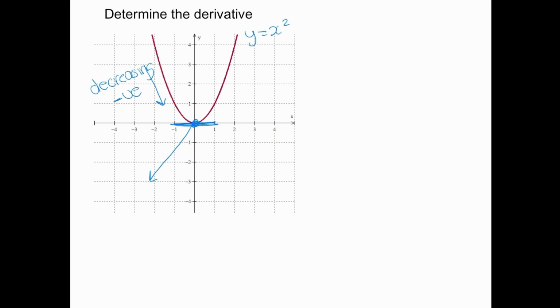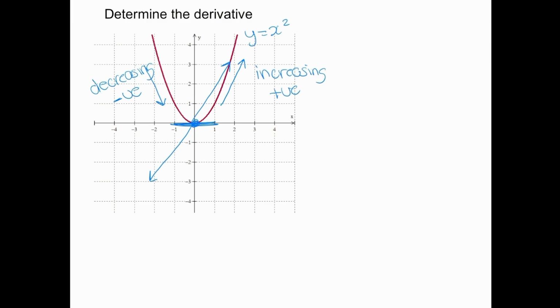Then we want to look at what the slope is doing as it's moving away from that point on the other side. That's going to be over here. The slope is increasing and it is positive, which means if we were to draw our tangent on here, it would also be increasing and positive.